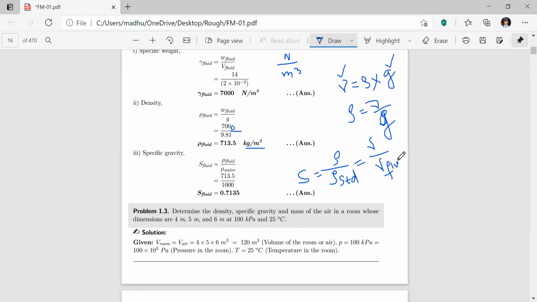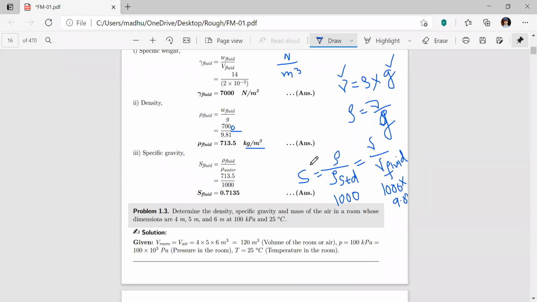Both you can do. So here the standard fluid is in the form of liquid, if you take the standard fluid density as 1000, then gamma of the standard fluid will be 1000 into 9.81. So both the equations you can use.